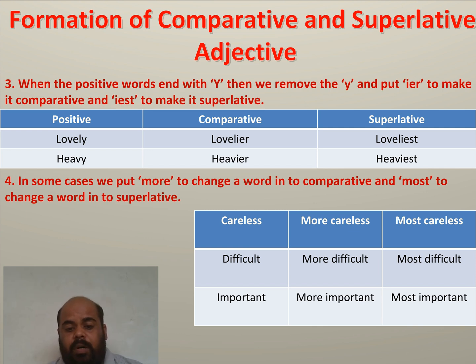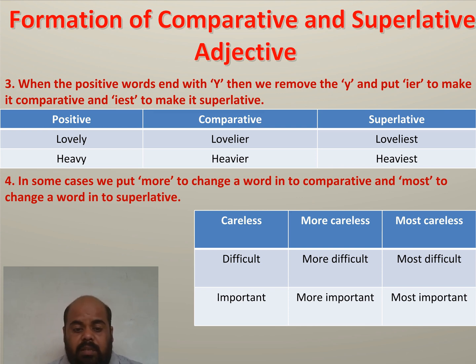In this third point, we can see that if a word ends with y, then we remove the y and put ier to make the comparative, and we put iest to make the superlative. Let's see the examples. Lovely, lovelier, loveliest; heavy, heavier, heaviest.